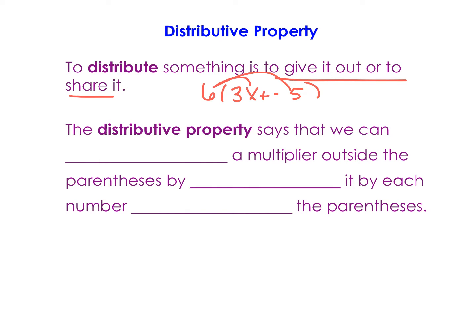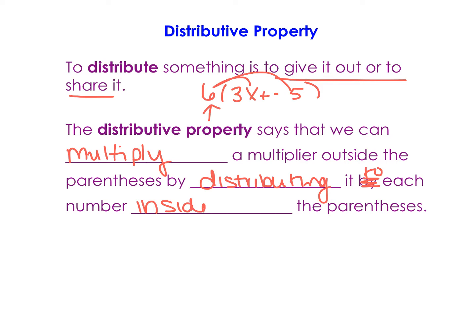The distributive property says that we can multiply a multiplier outside of the parentheses, which in this case was 6, by distributing it, this should say, to each number inside of the parentheses.